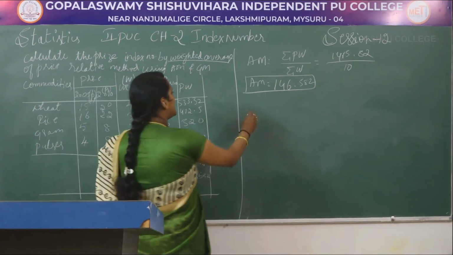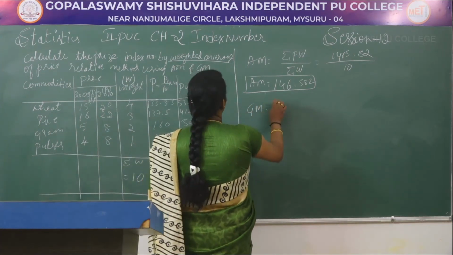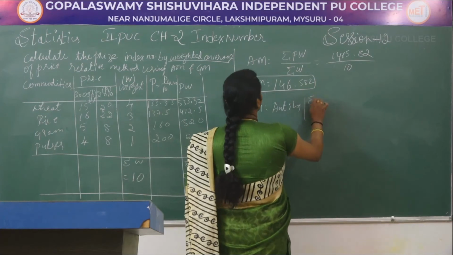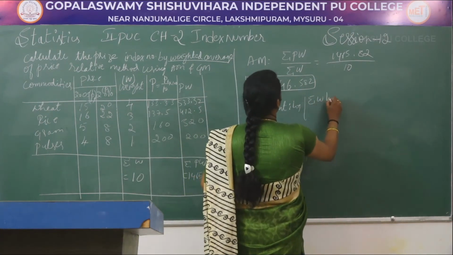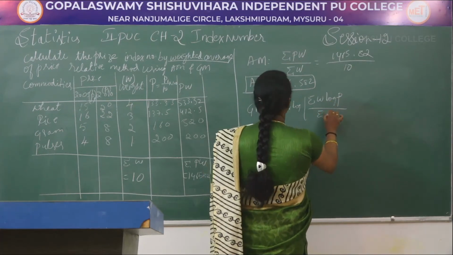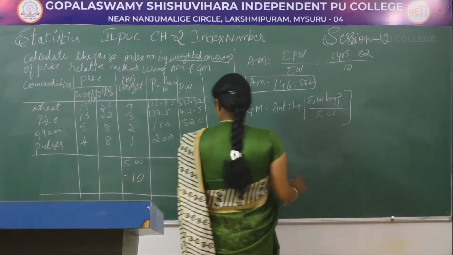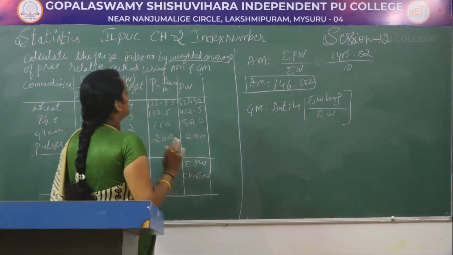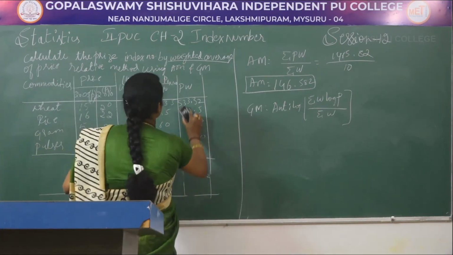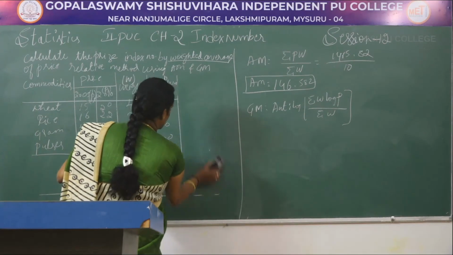Next, to calculate GM, first I'll write out the formula, that is the anti-log of the summation of W log P divided by the summation of W. Here I'll rub out this column because we have already calculated it.